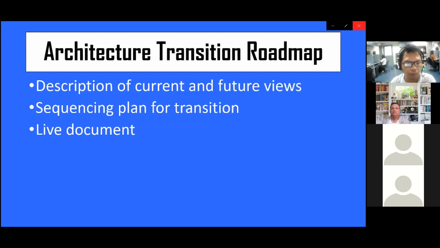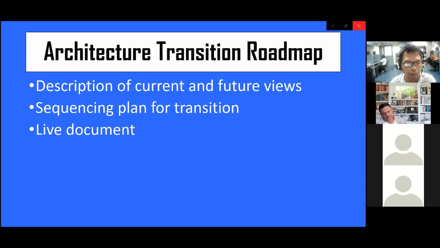And also, of course, the transition roadmap is very important. It's a live document. So it's a description of current and future views, and a sequencing plan for the transition. Yeah, as mentioned, it's a live document. So the document would probably be updated every now and then depending on the progress of the transition. But still, it's important to have a guide in this process because it's very tedious, the journey of transition.